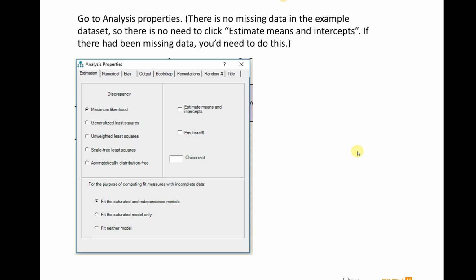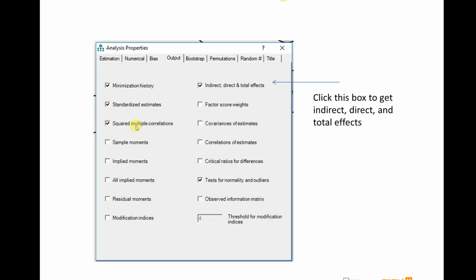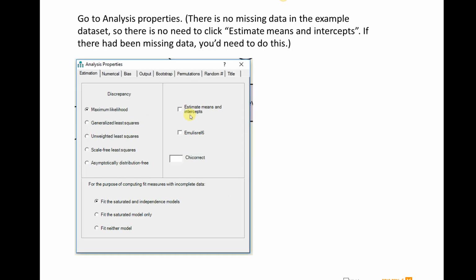To run our analysis, we will go into analysis properties, and we have to essentially lay out direct, indirect, and total effects. In this particular video, this is based on a complete set of data, so there are no missing values on any of our variables, and we would not be clicking this intercept, estimate means and intercepts box.